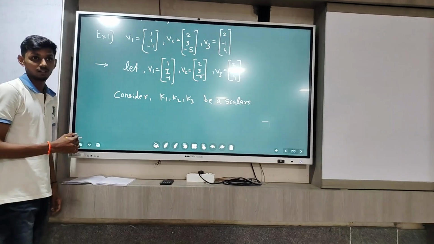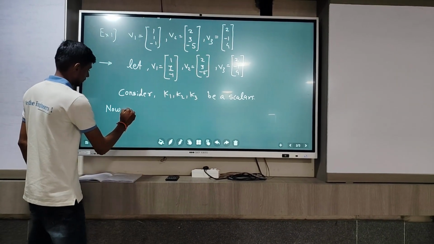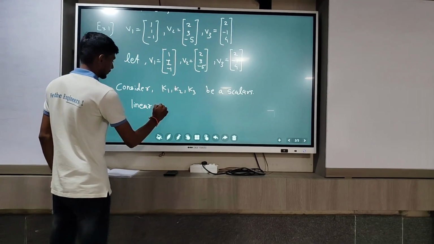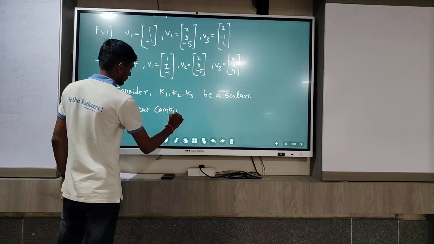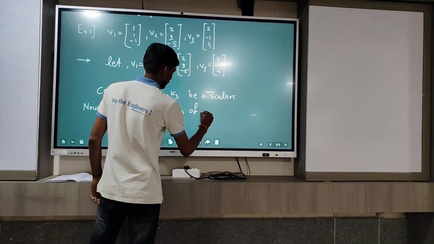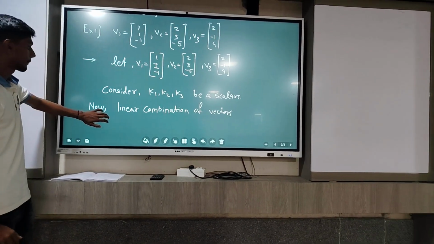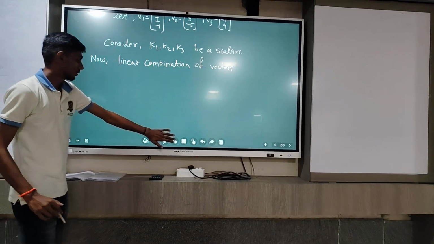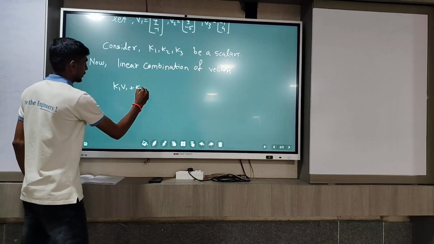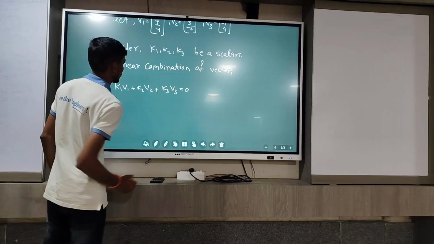Now we consider the linear combination. The linear combination of vectors is k1 into v1 plus k2 into v2 plus k3 into v3 is equal to 0.